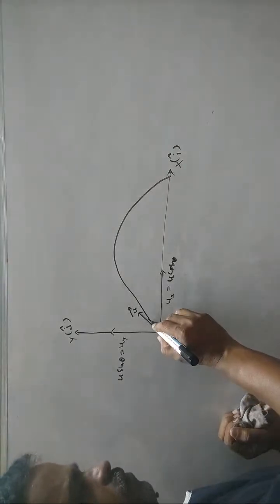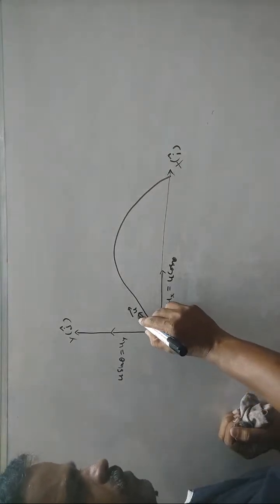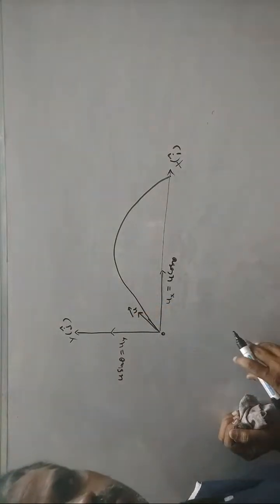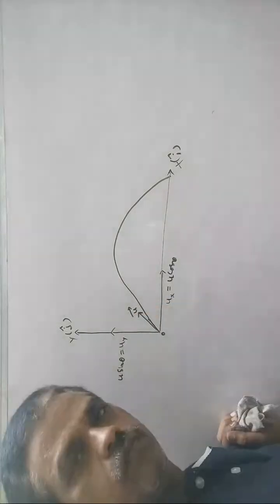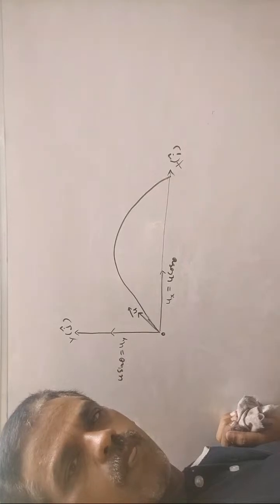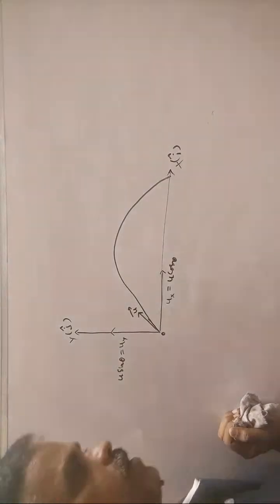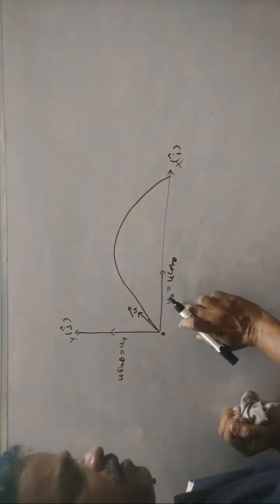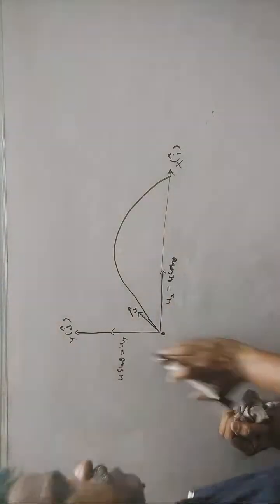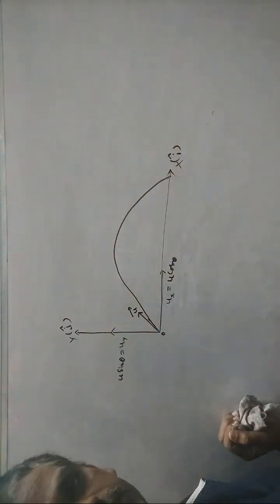So initially we projected with some velocity u. The velocity vector along the x-axis is ux, that is u cos theta, and along the y-axis u sin theta.